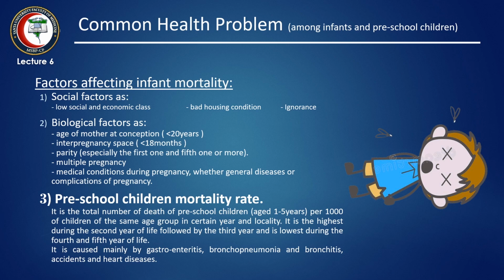It is the highest during the second year of life, followed by the third year, and is lowest during the fourth and fifth year of life. Preschool children mortality is caused mainly by gastroenteritis, bronchopneumonia, and bronchitis, besides the accidents and the heart diseases.